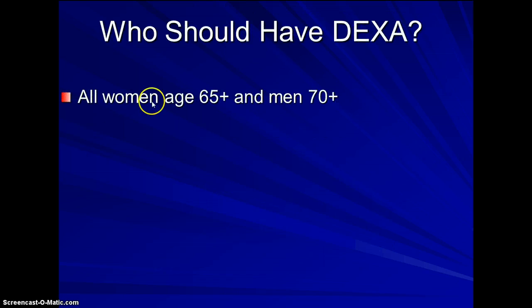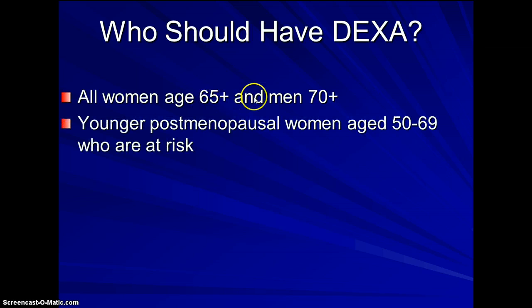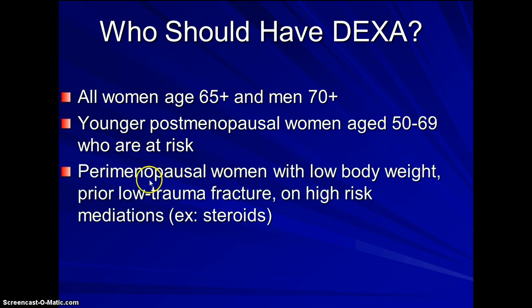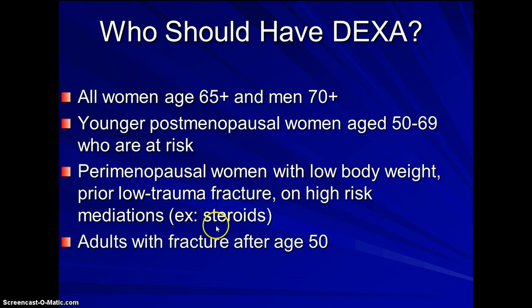People should have DEXAs: women over 65 and men over 70, but sometimes younger women may need to have those if they have risk factors. Also perimenopausal women, starting at about 45, with low body weight, who have had any problems with fractures or are on high-risk medications should get it done.